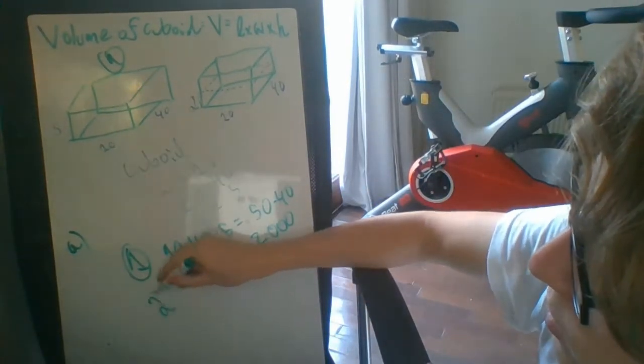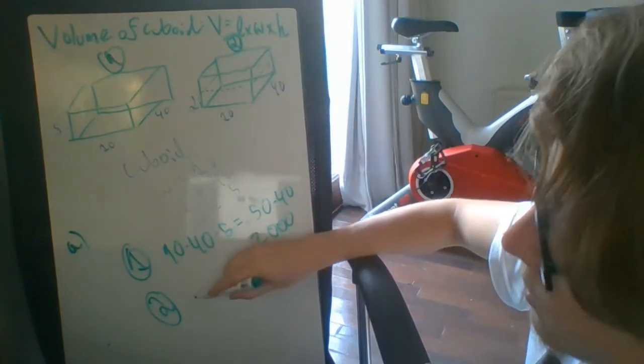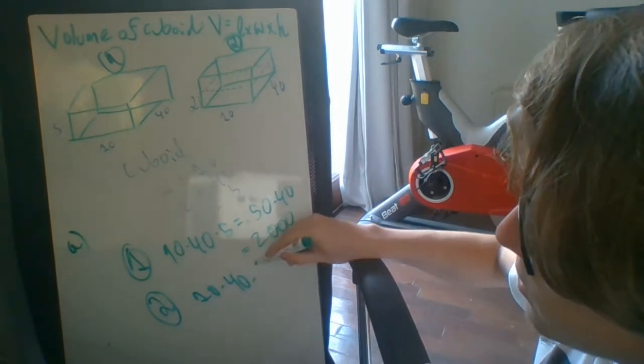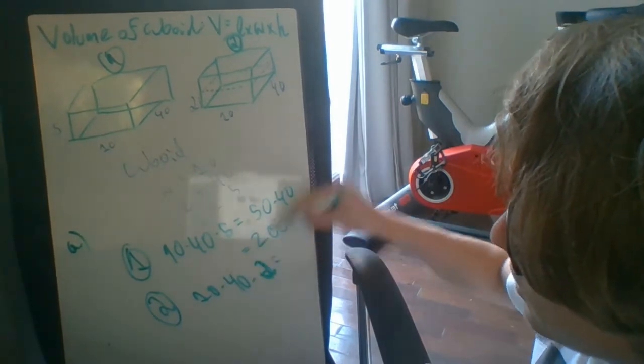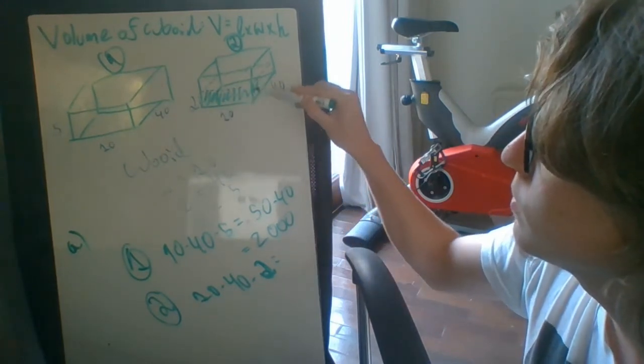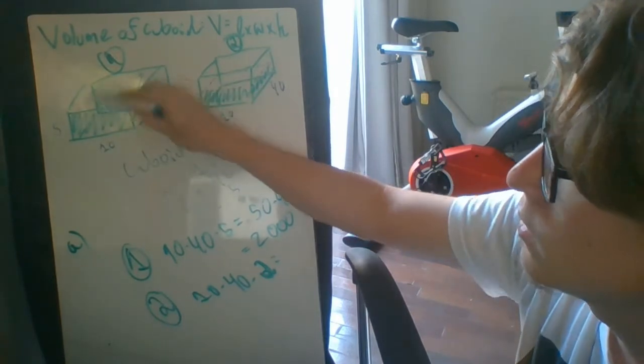For the second cuboid, we're still going to have a width of 10. We still have the length of 40, but the height is going to be 2. Let's remember that the oil is only reaching up until here, the height of 2. In the other scenario, it was the whole height.